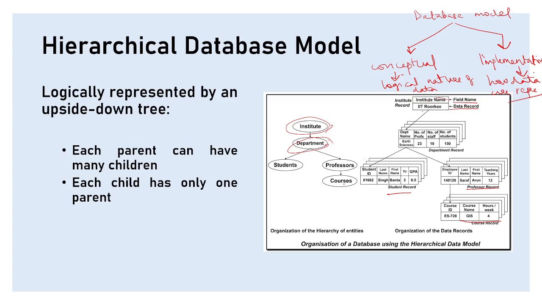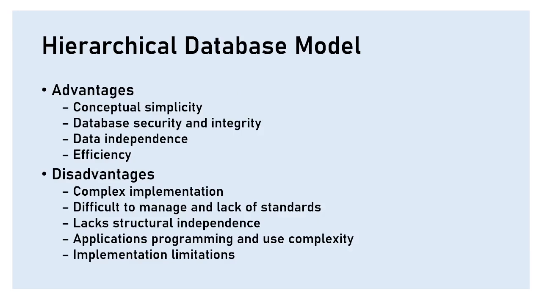Just by looking at this diagram you are able to understand that this is giving you information from the institute IIT Roorkee, from the earth science department, regarding the students, the employees, or the courses that are involved. So that simplicity is there in this one. That's what we call conceptual simplicity.